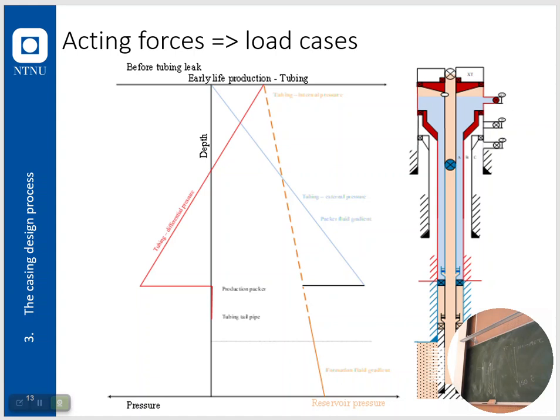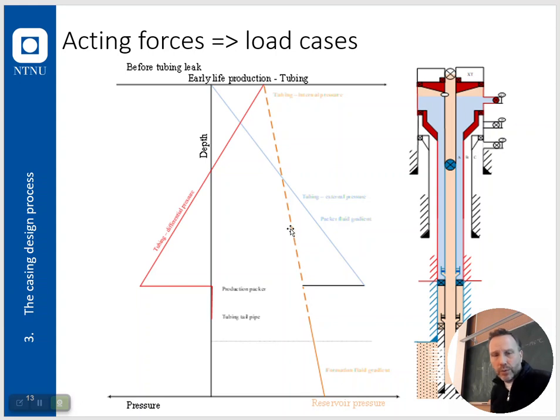The differential pressure before and after tubing leak would look something like this. We're not going to dwell too much on this. You see the leak in the top here and how the formation pressure goes in.